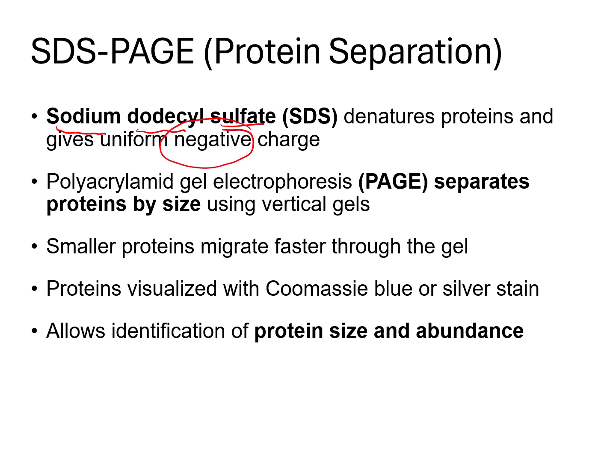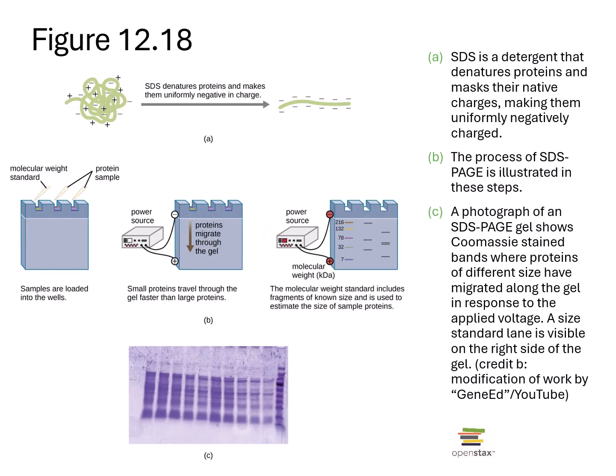And then when we apply an electrical current, smaller proteins will travel faster through the gel. Staining with Coomassie blue or silver stain reveals distinct protein bands, and that allows us to estimate size and abundance of the protein. Here you can see the SDS PAGE setup and results.